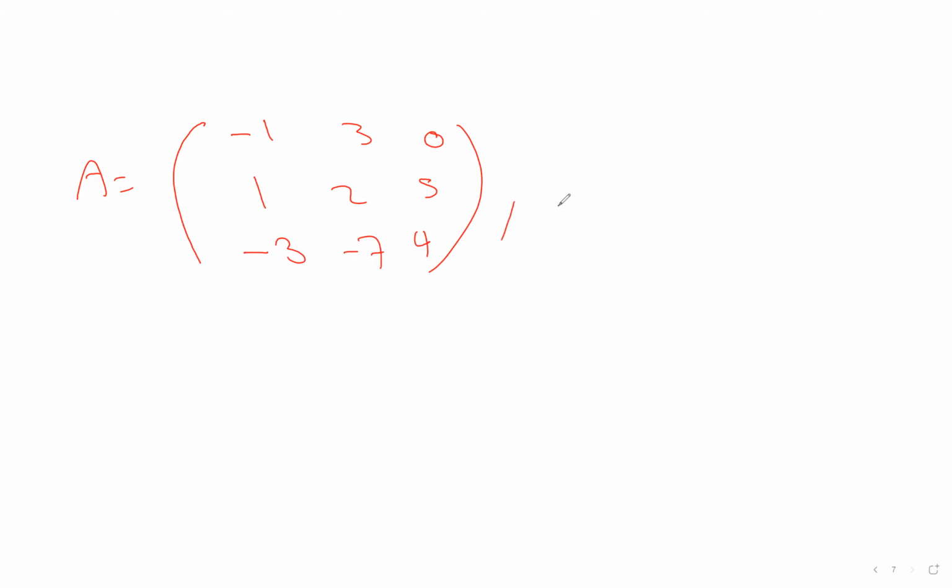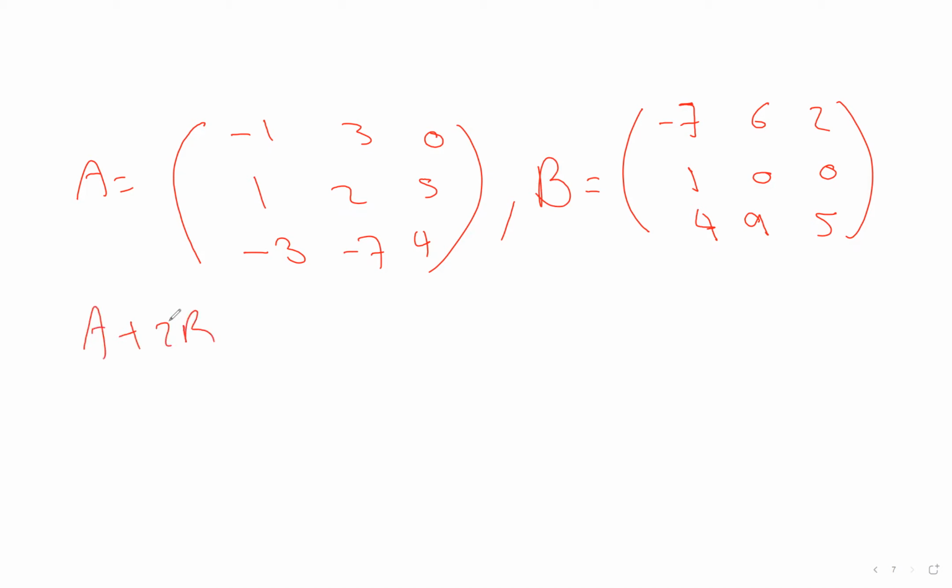And the matrix B is negative 7 6 2 0 0 1 4 9 5. Okay, and we need to find A plus 2B.